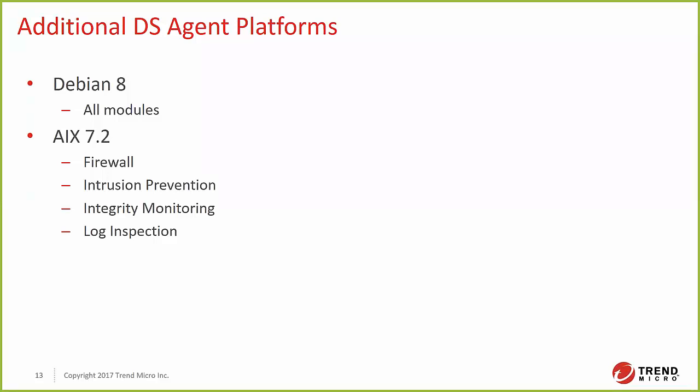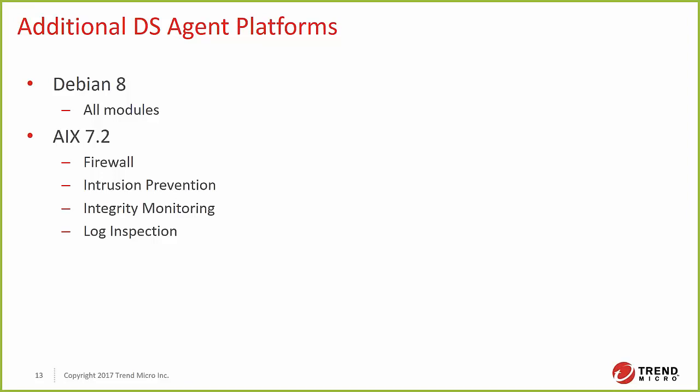It supports all modules like anti-malware, WRS, firewall, intrusion prevention, so everything except the scanner option for SAP. Debian 8 can also function as a relay, by the way. And on the other hand, AIX 7.2 is supported by a version 9.0 agent managed by DSM 10.1, which provides these four capabilities: firewall, IPS, integrity monitoring, and log inspection.